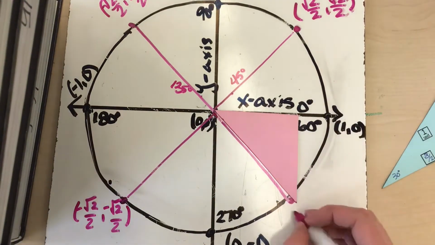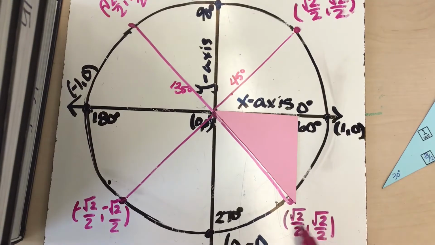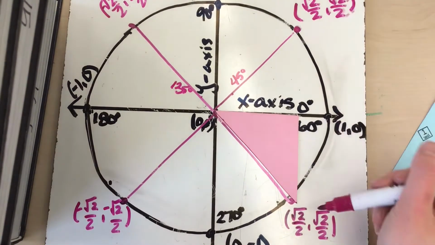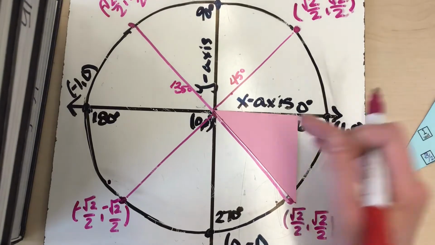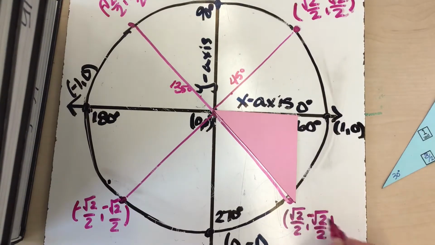And since this here was 45 degrees, we know that our numbers, again, are square root of 2 over 2, square root of 2 over 2. However, one of them has to be negative. They can't both be positive. And since we are right on the x-axis but down on the y-axis, we know that this needs to be a negative for our y-coordinate.